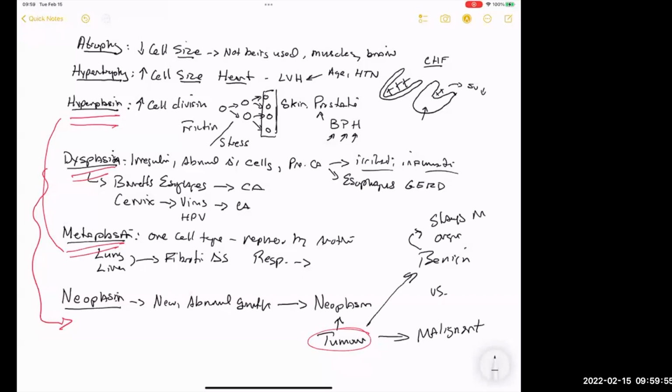Now, a benign tumor can still be life-threatening, right? If you have a benign brain tumor, that just means that tumor is going to stay in your brain, but as it gets larger, it can still put pressure on critical areas of the brain and cause problems. So benign tumors are not necessarily without problem. It's just that they do not spread beyond their origin, whereas malignant tumors can spread to other areas of the body.